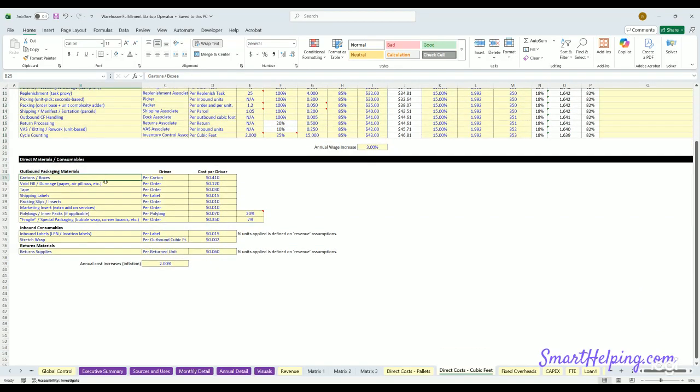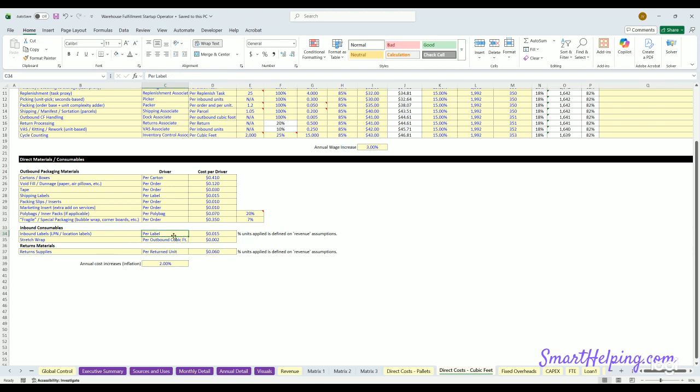Direct materials, very similar. So per carton, cost per carton, per order, cost per order, per order, per label, per order, per poly bag, percentage that require poly bags, and then fragile percentage out of that times the cost there. These are all pretty straightforward.